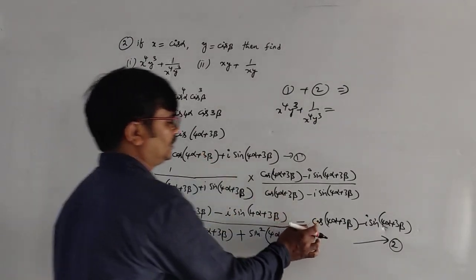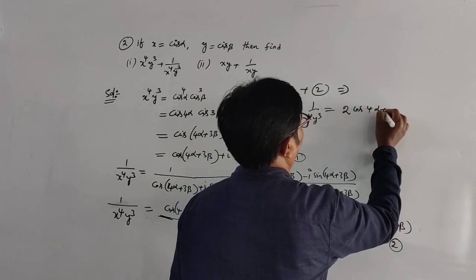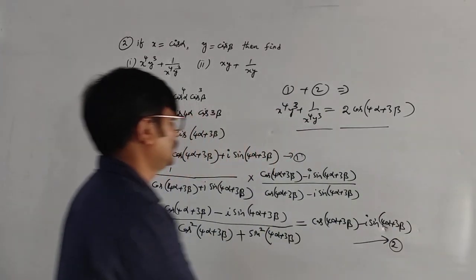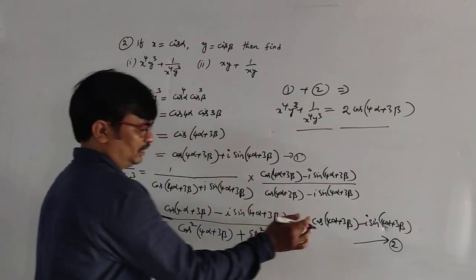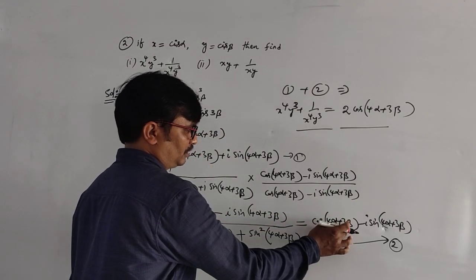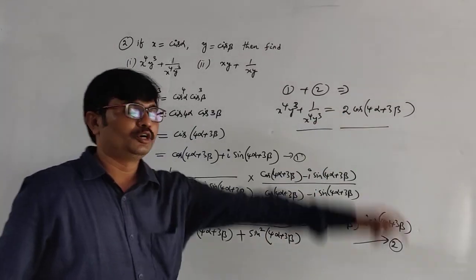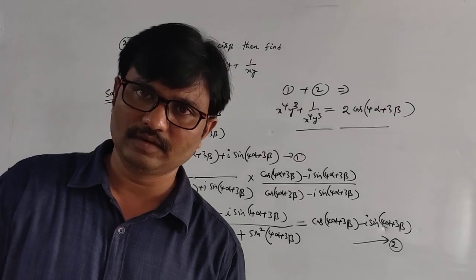Cos plus cos is 2 cos of 4 alpha plus 3 beta. This cos of 4 alpha plus 3 beta and this cos of 4 alpha plus 3 beta, these two are added, giving 2 cos of 4 alpha plus 3 beta. This is the first one.